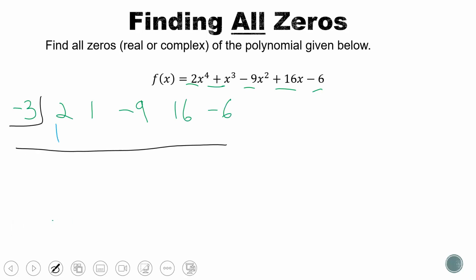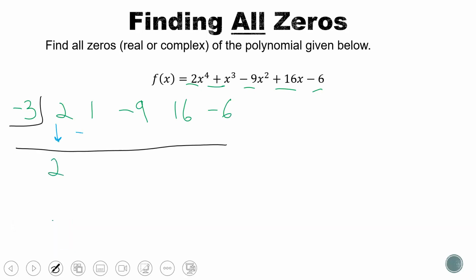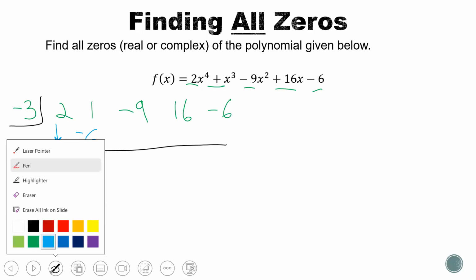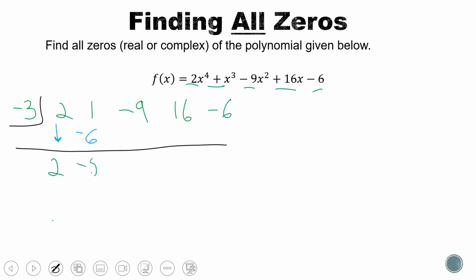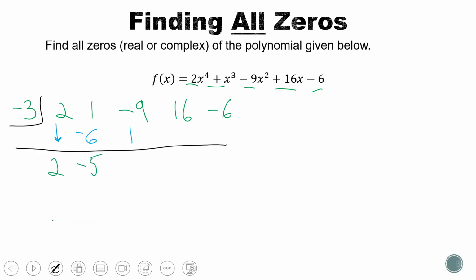So I will bring down the 2. It will not change. And then I'll multiply that by -3, which will give us -6. Add that to the 1 to get -5. Multiply that by -3, which gives us +15.